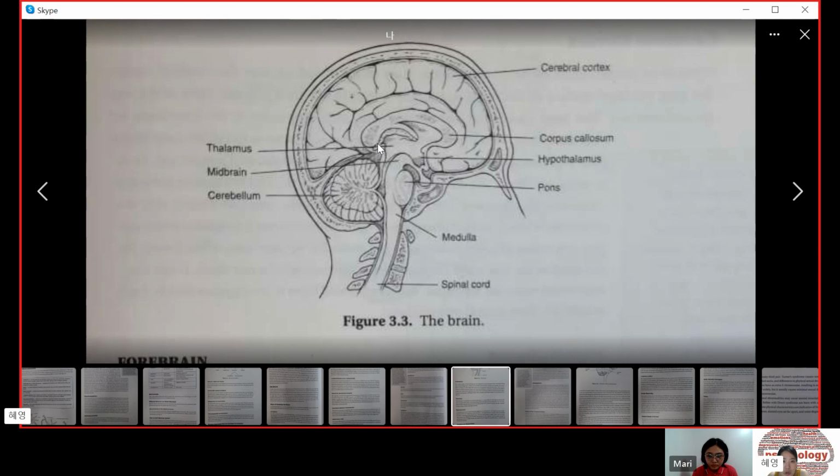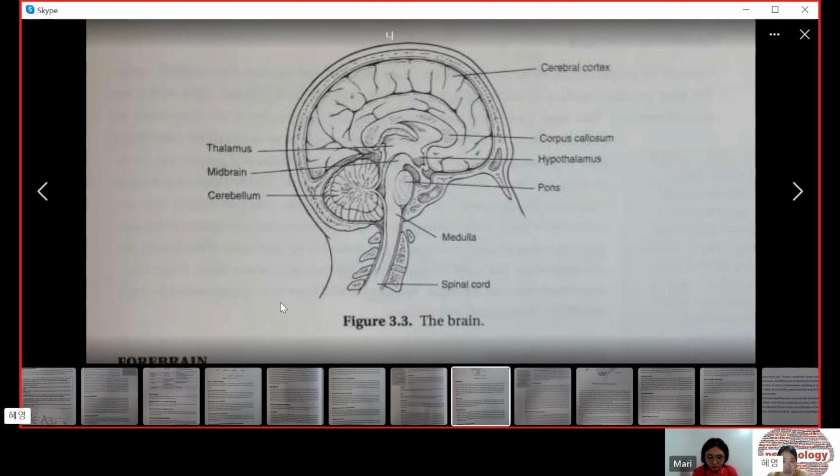And here, surrounded by the thalamus, there is the corpus callosum. It's called the corpus callosum. And then surrounding this area, there is the cerebral cortex. So this is the cerebral cortex.